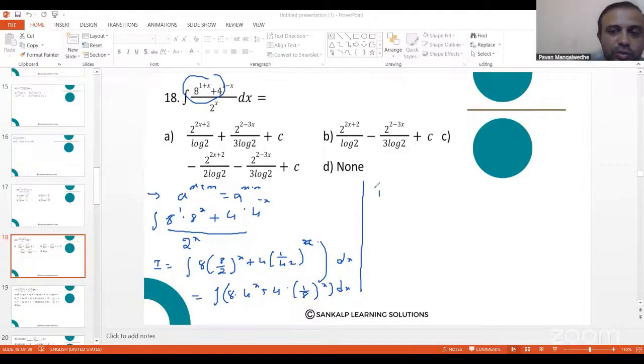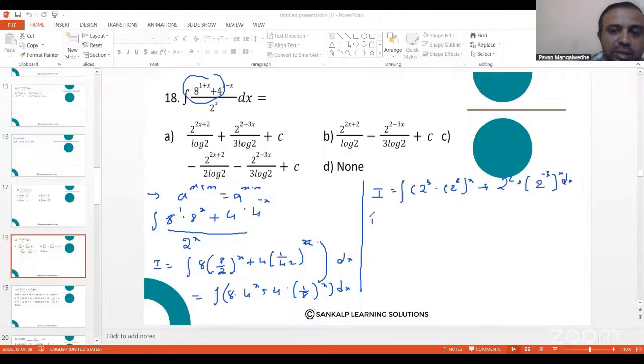I is equal to the integration of 8 can be written as 2 raised to 3, and 4 as 2 raised to 2, the whole raised to x, that is 2 square. And 1 by 8 can be written as 2 raised to minus 3 when taken to the numerator, the whole raised to x dx.